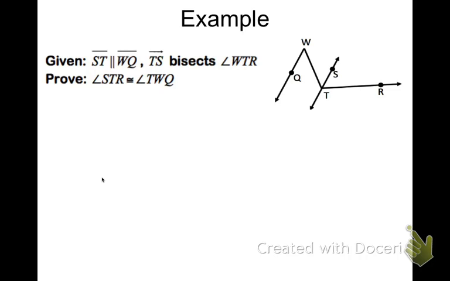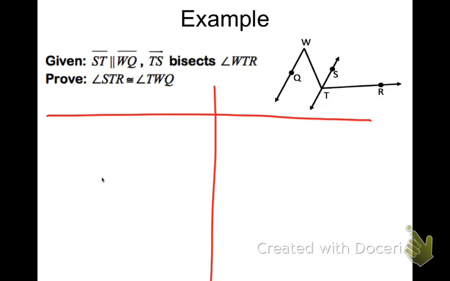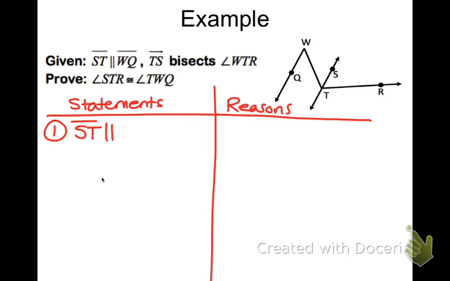Let's go ahead and set up our T-chart. Statements on the left. Reasons on the right. Here we are given quite a bit. We are given that line segment ST is parallel to line segment WQ.